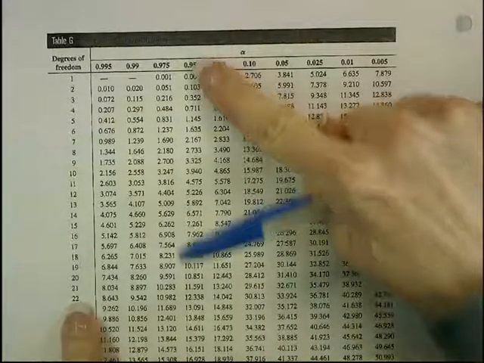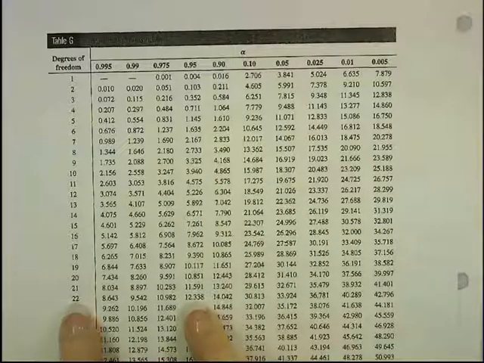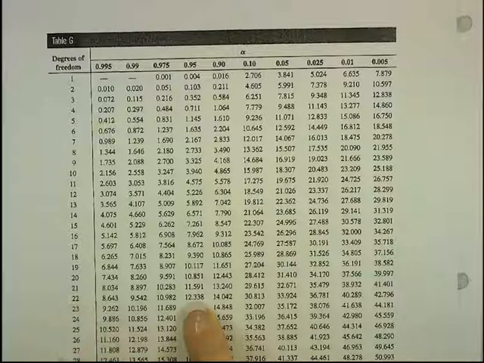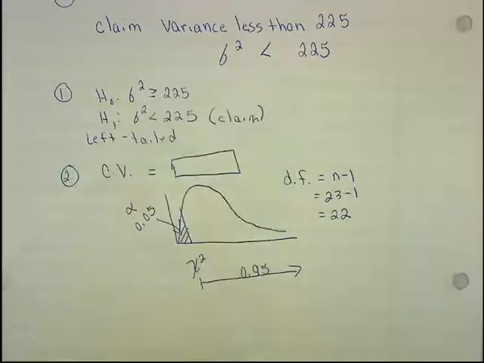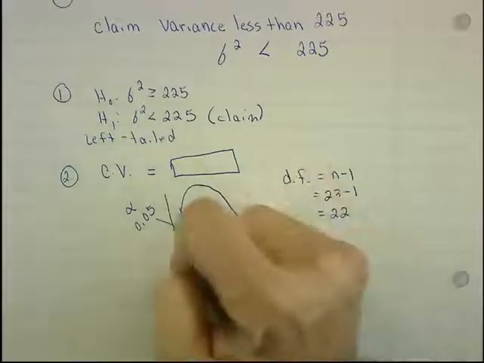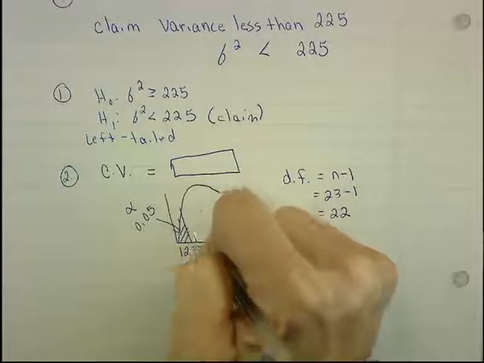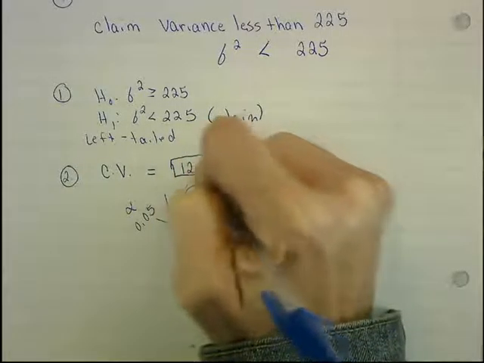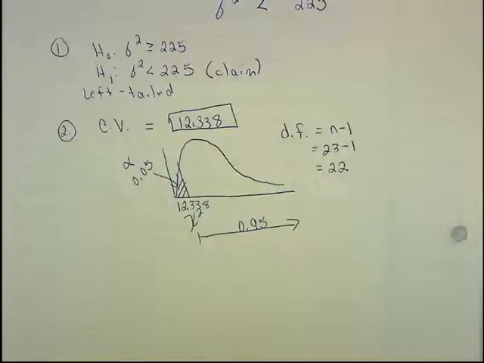Two fingers meet at 12.338, and it remains positive. 12.338. And I will fill that in. That defines our rejection region from our non-rejection region.